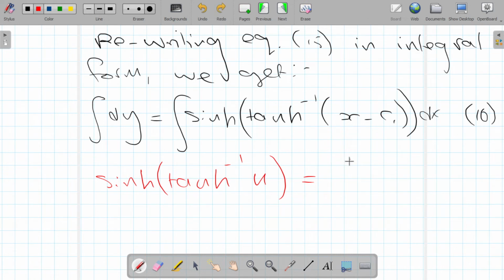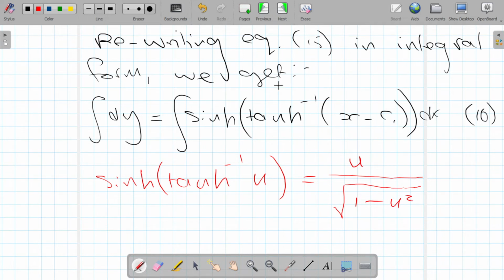Let's try and get that a bit neater. u divided by the square root of 1 minus u squared, right? So that's what that's equal to.